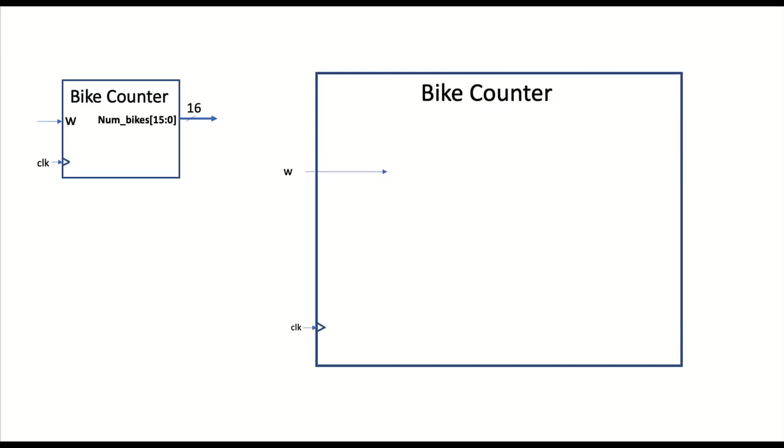Okay, all right. So let's see, what do we need in here? Let's see, our output is a number of bikes. What should we put in this big box here?